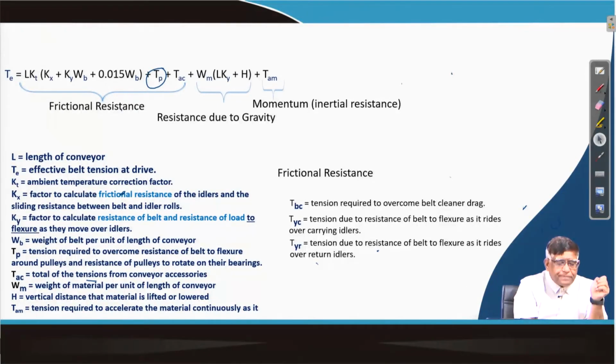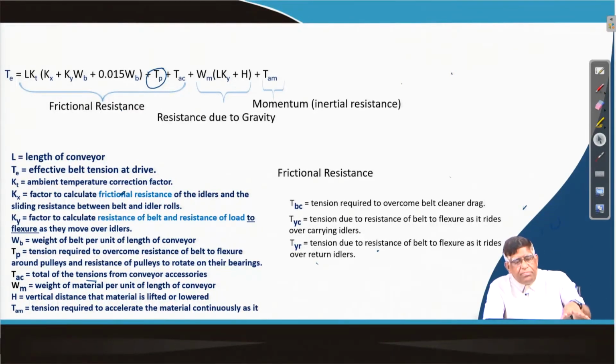And then a tension is required to overcome the resistance of the belt to flexure around the pulleys, which is another resistance. And there is the total tension from the conveyor belt accessories, as there are many idlers and other things which also contribute. In the SEMA handbook they calculate each of these factors by norms.